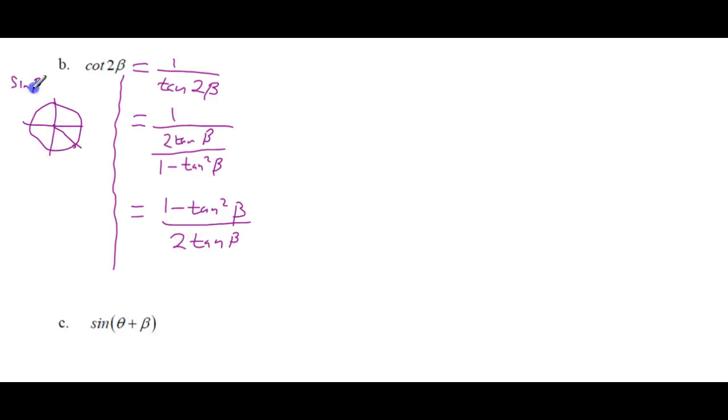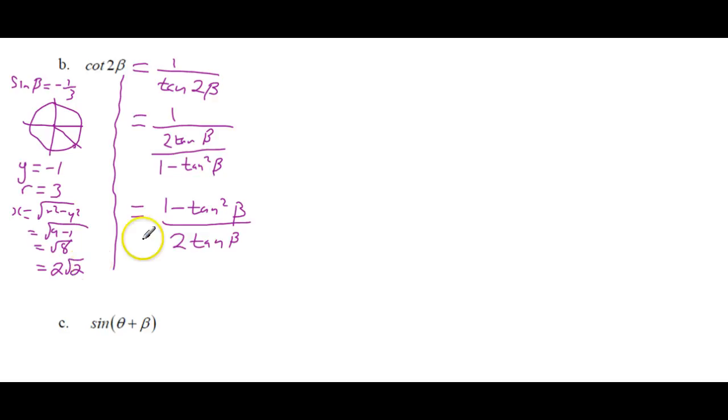We know sine of beta is negative 1/3. It's quadrant 4. We know that y is negative 1 and that r is 3. We get x is the square root of r squared minus y squared, which is the square root of 9 minus 1, which is root 8, which is 2 root 2. That immediately jumps into your head, 2 root 2.